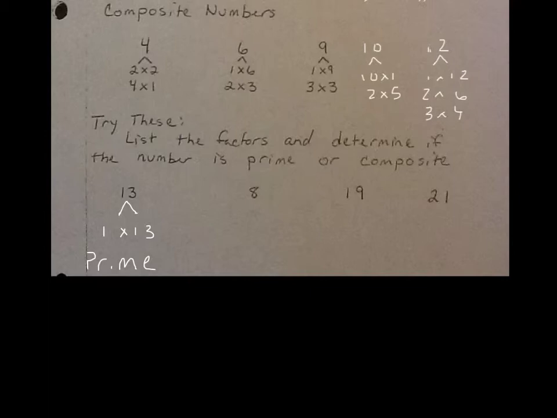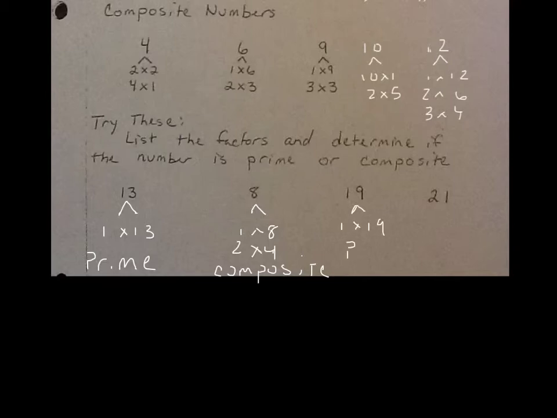Alright, so here, let's go to number 8. 8 can be broken into 1 times 8 and 2 times 4. Wow, I'm getting bad writing here. 2 times 4. And so that is a composite number. Okay, 19 is only 1 times 19.